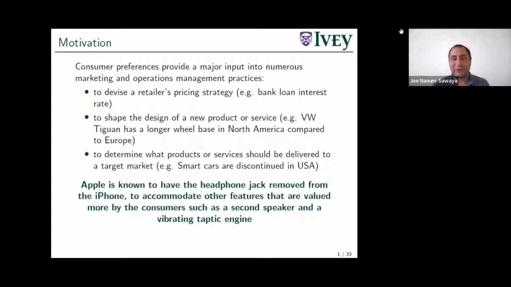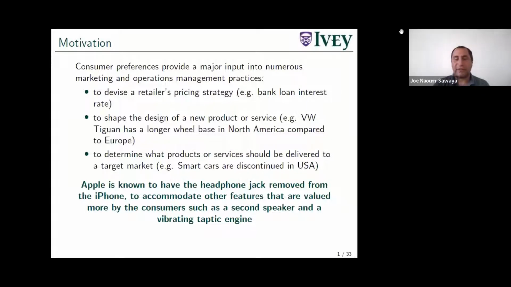However, of course, there is no space to pack all of these features in this very tiny rectangular phone. So something has to go out of this. So what do we take out? We take out the features that the consumers would appreciate less, the features that would be less impactful on sales, and put in features that would impact the sales more.